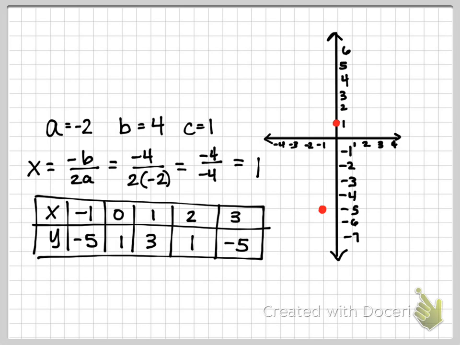Then I have 1, positive 3, so to the right 1, up 3. Then I have 2, 1, so over 2, up 1. And 3, negative 5. So I just draw my lines of the parabola. And there it is graphed.